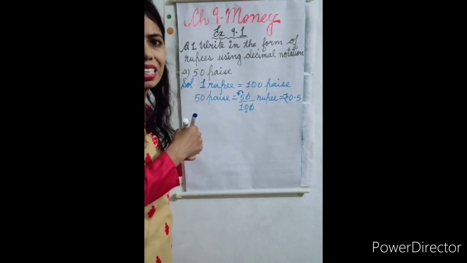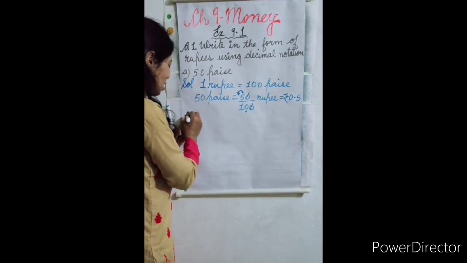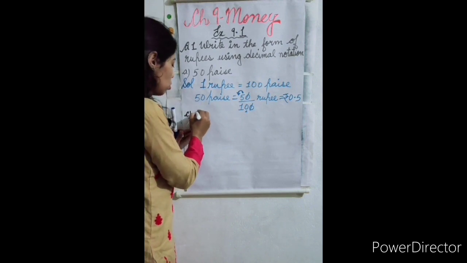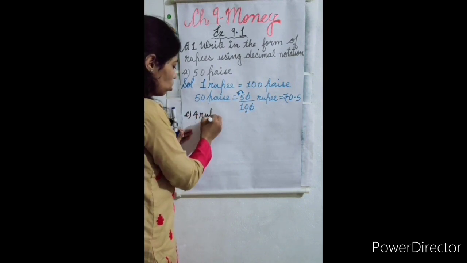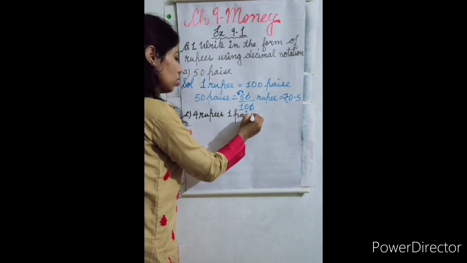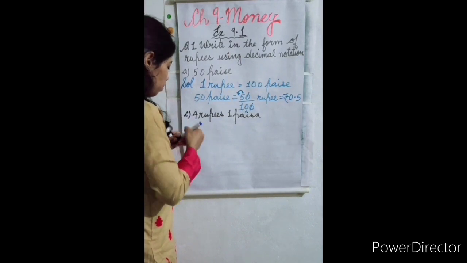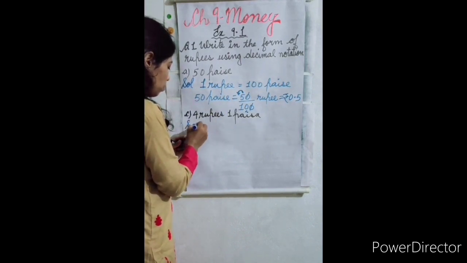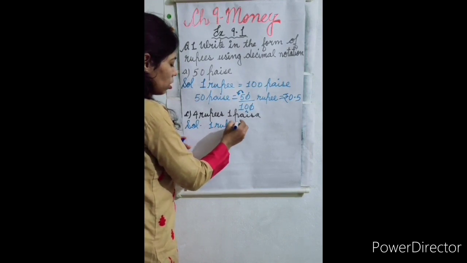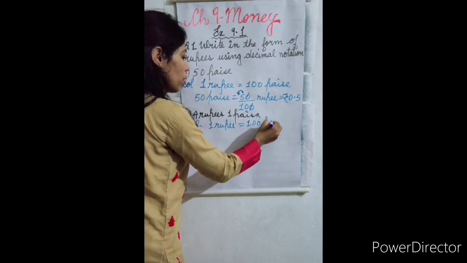Now we will do part C, as part B is the same as part A. Part C is 4 rupees 1 paisa. So you all know that 1 rupee is equal to 100 paise.